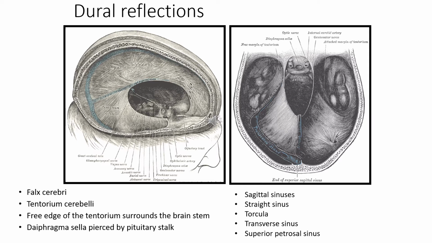We can also see at the anterior lateral reflections of the tentorium cerebelli, we can see the superior petrosal sinus, so the confluence of the transverse sinus and the superior petrosal sinus is going to form the sigmoid sinus.